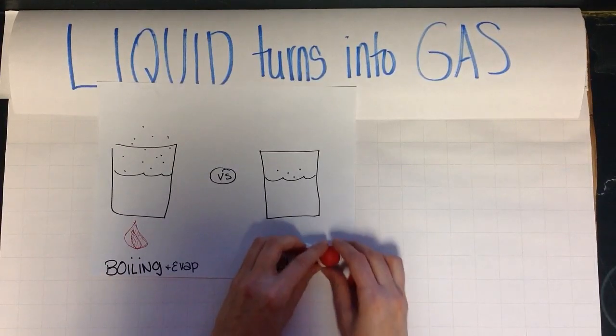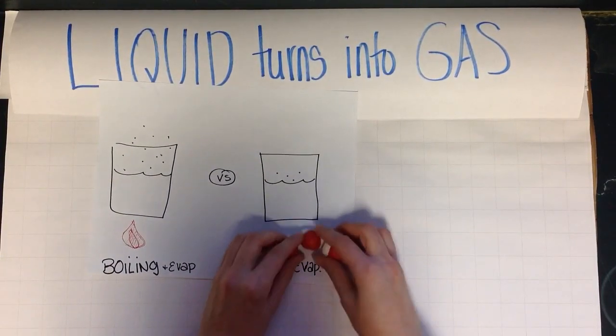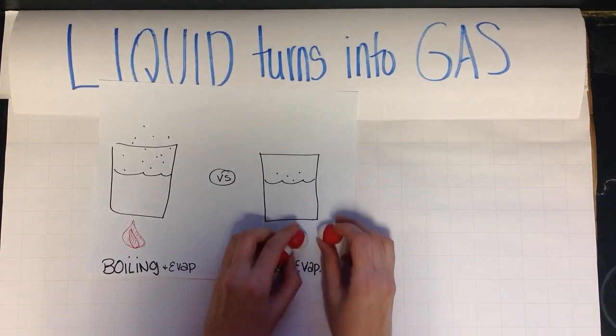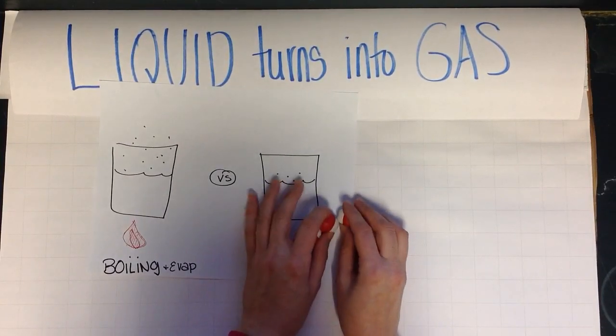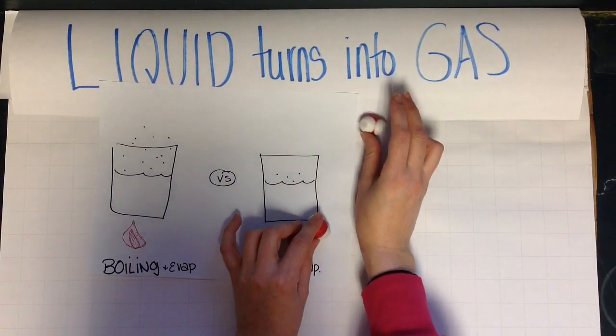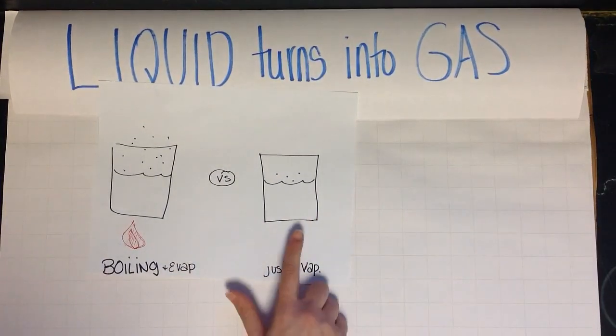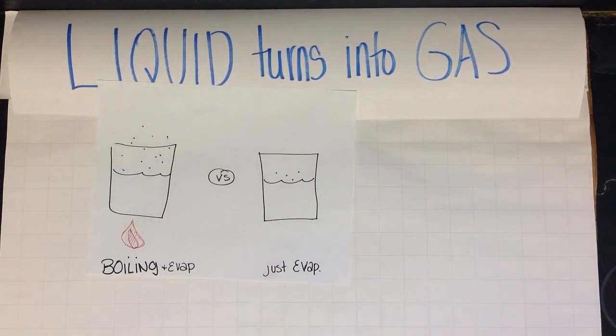You see them moving around. Not as much as a gas, but a little bit. And eventually these molecules can bump into each other and make their way up to the surface and escape as vapor. This process is purely evaporation because we're not reaching a boiling point to get those molecules to leave the beaker.